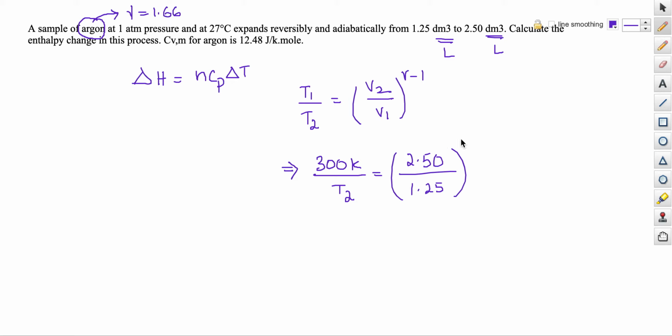Now let's substitute here 1.66 minus 1. So that makes 300 divided by T2 is equal to (2.5 divided by 1.25 is 2) power 1.66 minus 1 is 0.66.